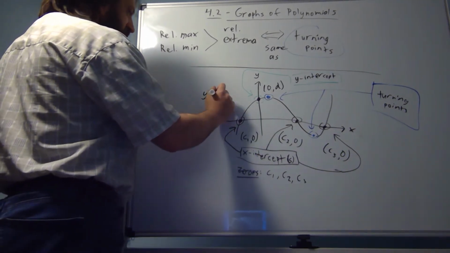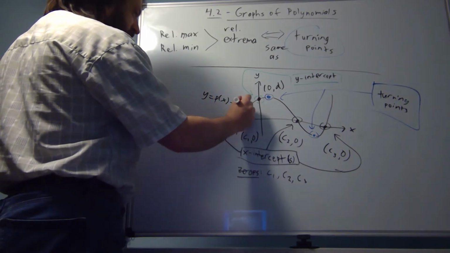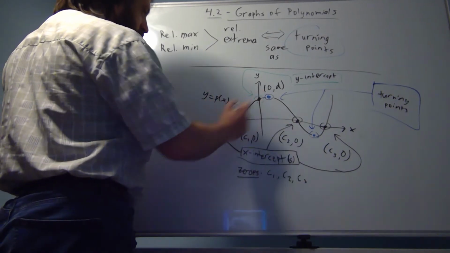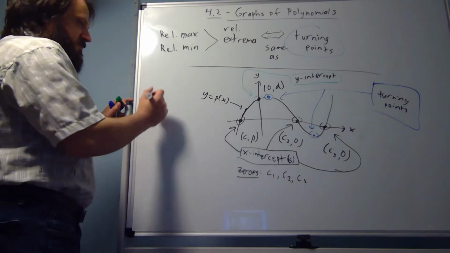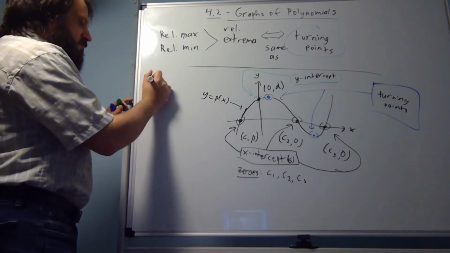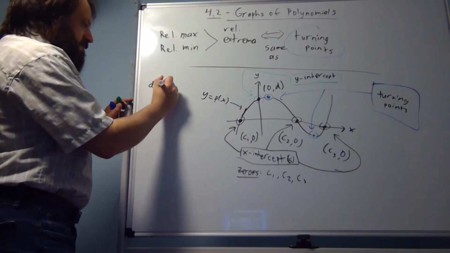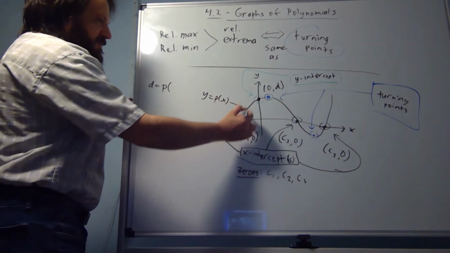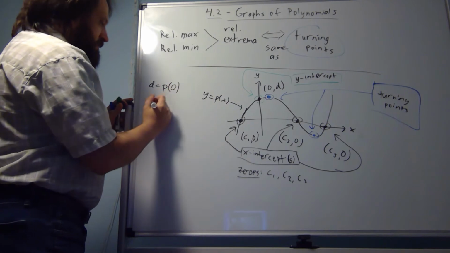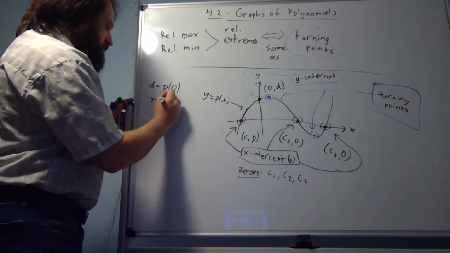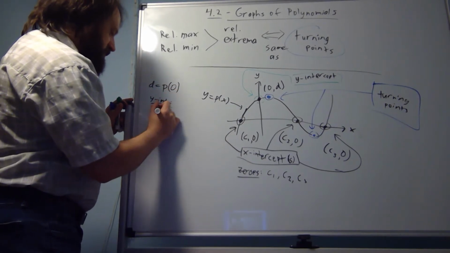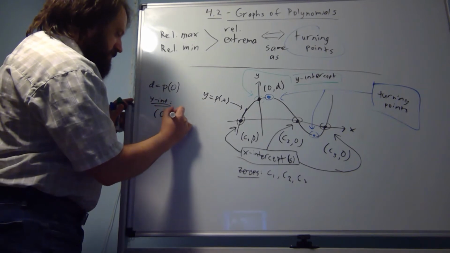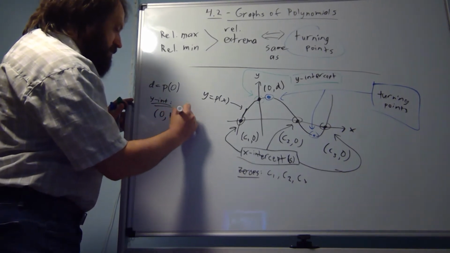Well, if this graph is y equals p of x, if that's what this graph is representing, then for the y-intercept you plug in 0 into the function, and the y-intercept is the ordered pair (0, p of 0).